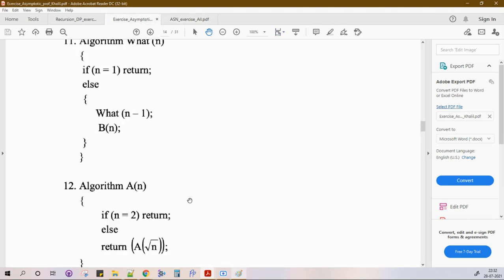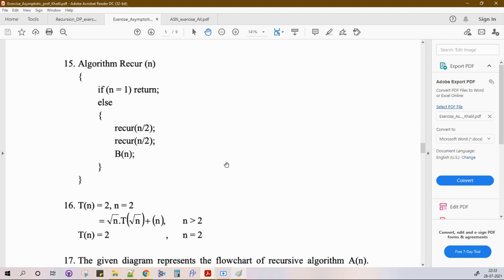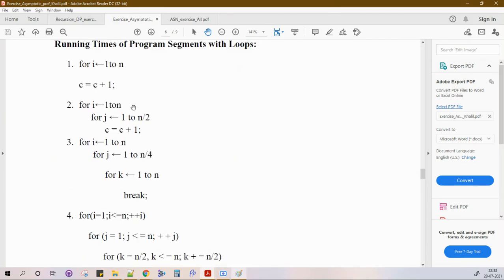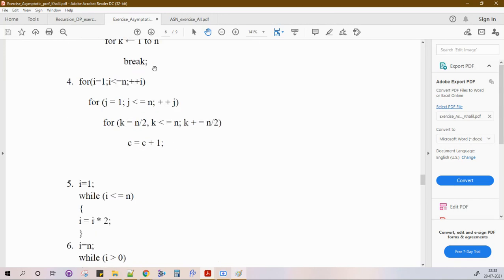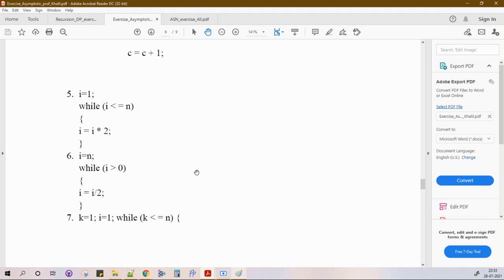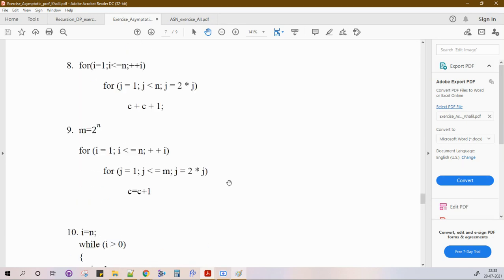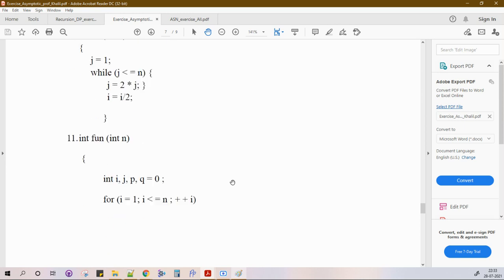If you have iterative loops, then it is really easy to find the time complexity. Just calculate the number of iterations that you are performing, or the number of core calculations that you are performing.